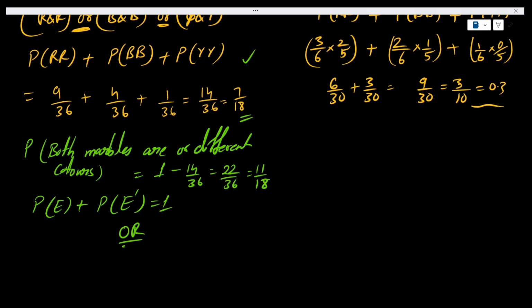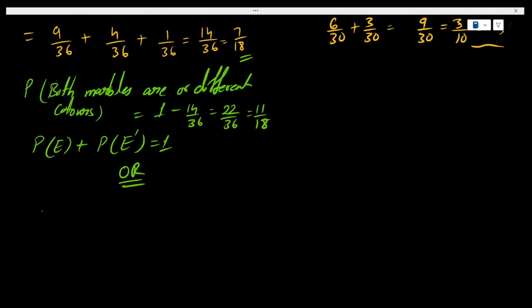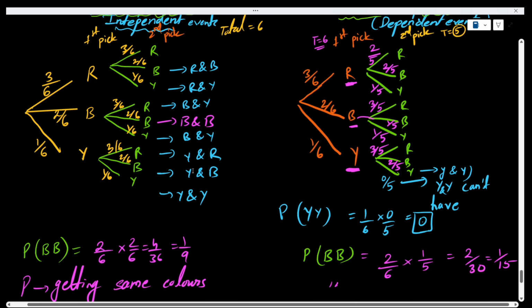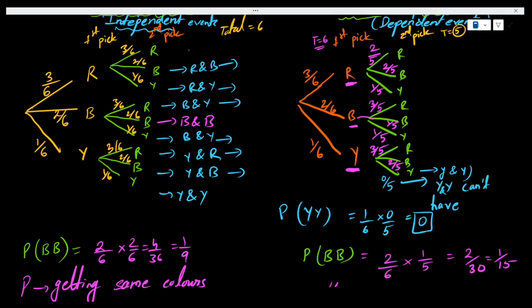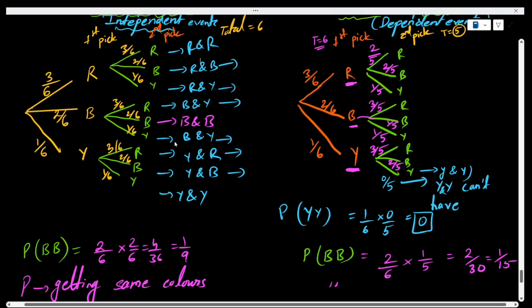Or what is the other way to do it? You can add the probability of red yellow plus probability of red blue, right? Red blue you can take here, this one also you can take, 1 2 3 4 5 6, because out of this is red and red, I forgot to write here.